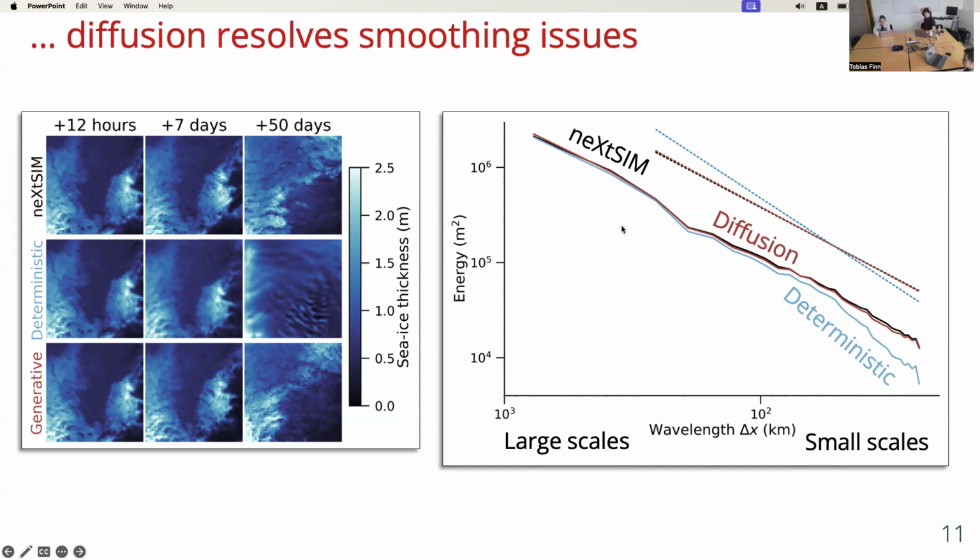And then if we look into the energy spectrum, one has to say again, I forgot to mention this, that this energy spectrum is an average across all 3 years in the testing data set. So it's not the energy spectrum of this snapshot, but of 3 years. And we can see that the diffusion model, the generative model, basically matches the energy spectrum as seen by neXtSIM.